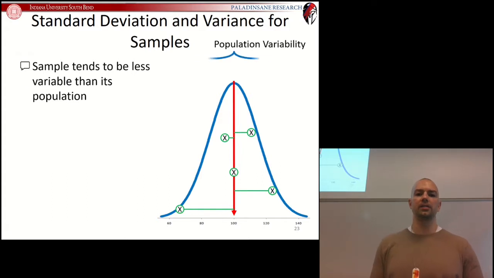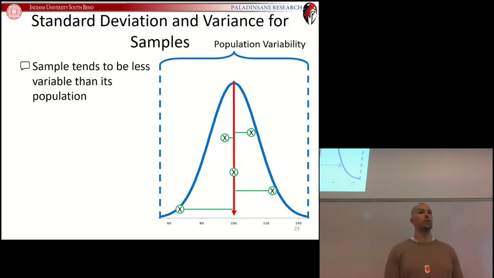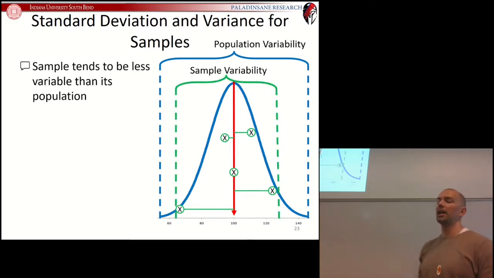So you can think of this as your entire population variability. And unless you are incredibly lucky and you choose that one extreme person living at the maximum of these population scores, and you also choose this one extreme person living at the minimum of the population scores, unless you get those two people, your sample variability is always going to be less than your population variability. Just the way that it shakes out.